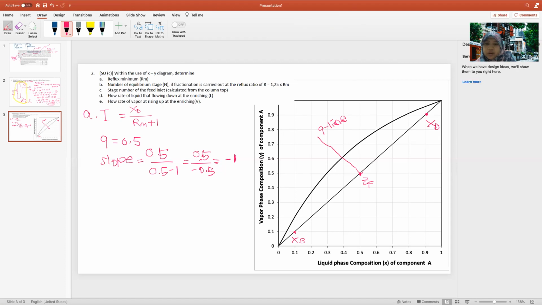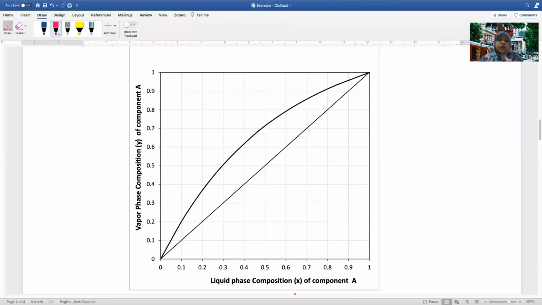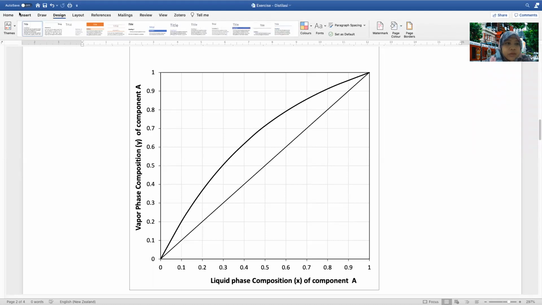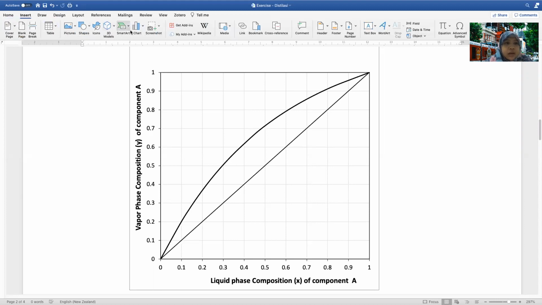Draw it using your ruler on your graph, from here to here. If you want to draw in Word, for example, it's also fine. Let's try. Go to Home, then Insert, Shape, and then you make a line, let's say from 0.5 to here.